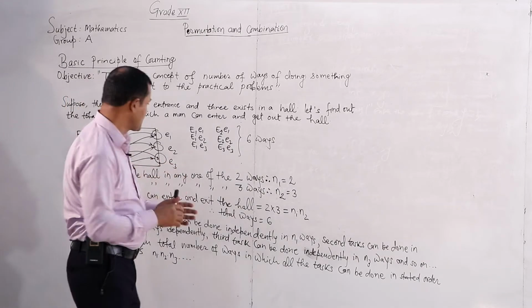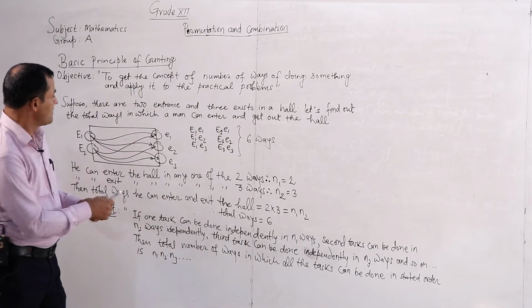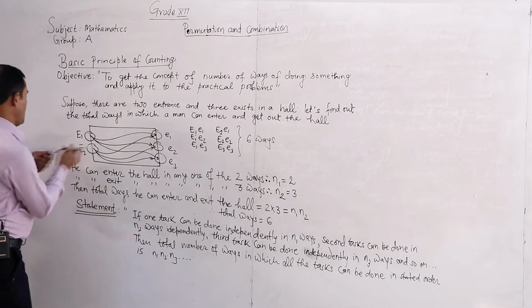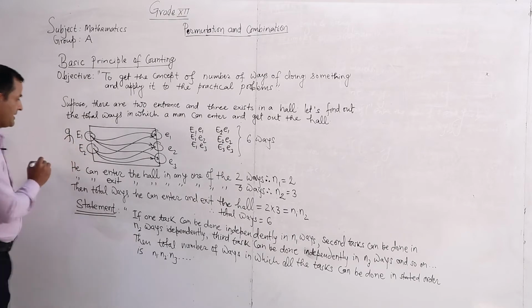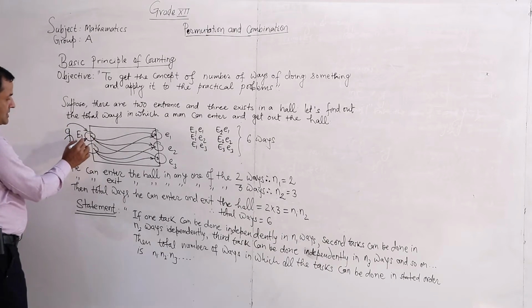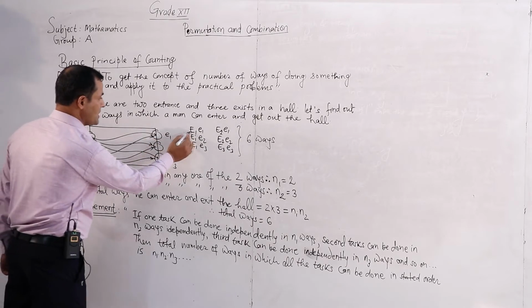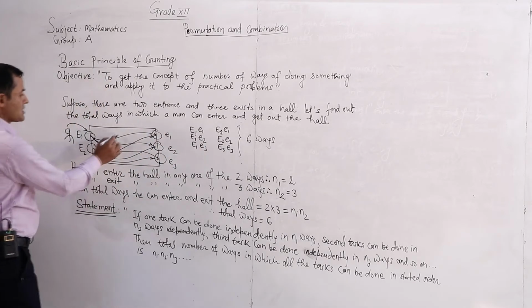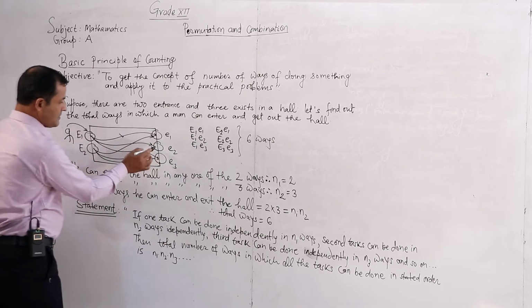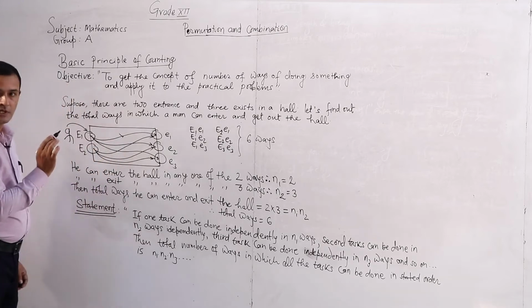Let's expand. The possible ways are that the man may enter this door and exit this door. So E1, e1. Another way is that the man may enter E1 and exit e2.